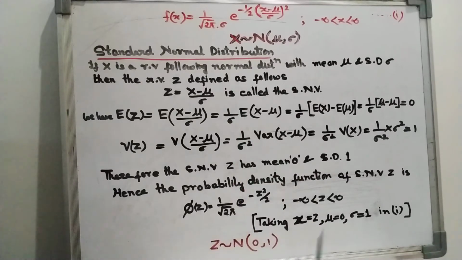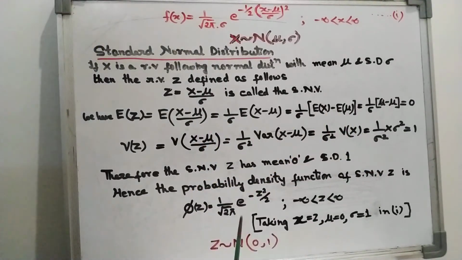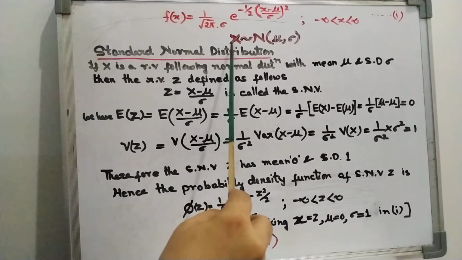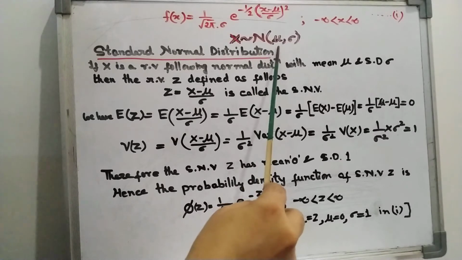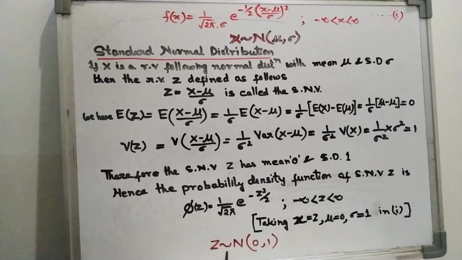We can write symbolically: just as x follows a normal distribution with mean mu and standard deviation sigma, z follows a standard normal distribution with mean 0 and variance 1. Symbolically, we denote this in this way.